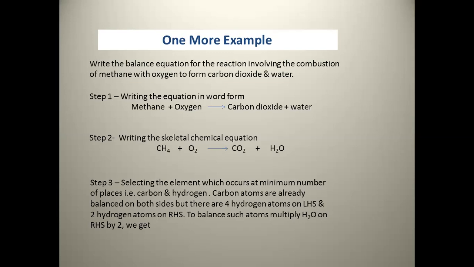That's why we are multiplying by 2 on the right hand side. Just see, after multiplying, the equation is CH4 plus O2 gives CO2 plus 2 molecules of H2O. It means we have balanced our hydrogen atoms.